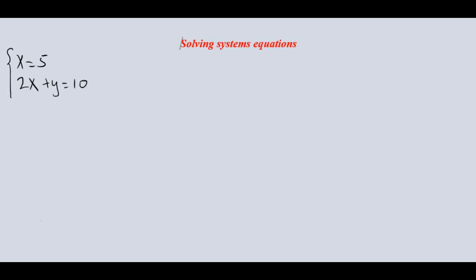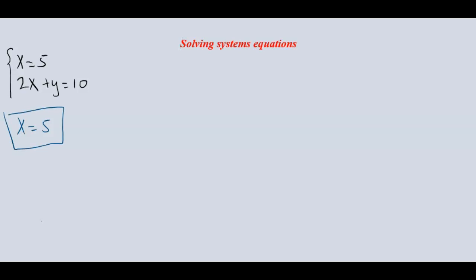In this system, as you can see, the first equation is the value of x. So there is nothing to do. You already have the value of x. So all you have to do now is take that value of x. So we know that x is equal to 5.